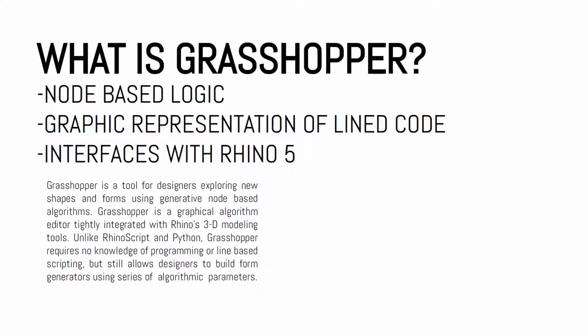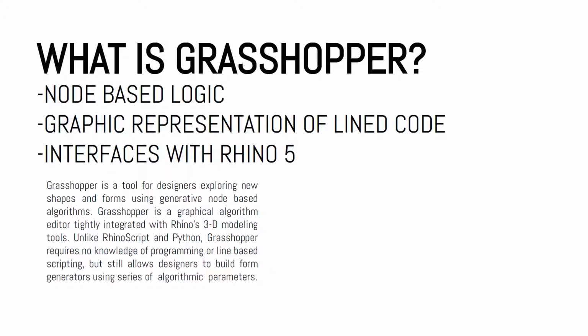What is Grasshopper then? Grasshopper uses what's called node-based logic, which is a graphic representation of lined code. Typical coding takes place using lines. So you're scripting, you're defining, you have hundreds of lines potentially to accomplish a task. That has a very large learning curve.